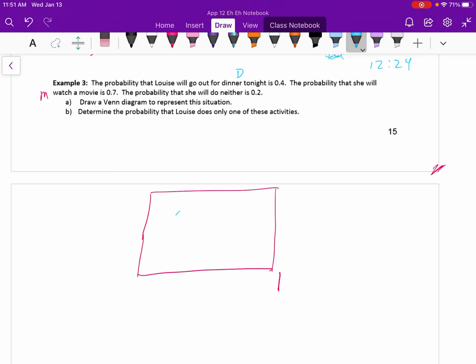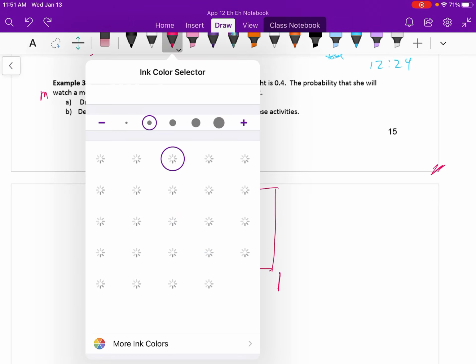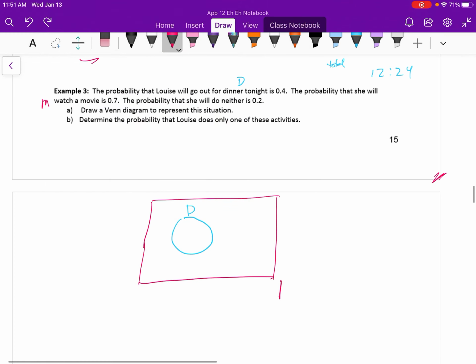I have 2 events here, and I'm going to call one D for dinner. I'm going to call one M for a movie. M is movie. So we have probabilities in this Venn diagram here.